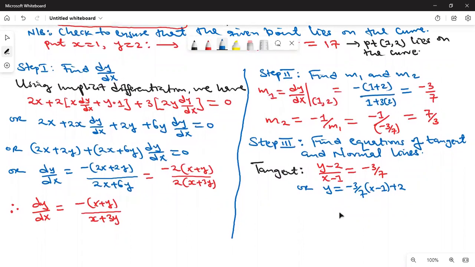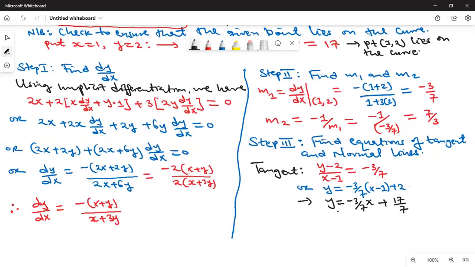If I open the bracket on the right hand side, that will give us y is equal to negative 3 over 7 x plus 3 over 7 plus 2. What is 3 over 7 plus 2? That is 17 over 7. So plus 17 over 7.